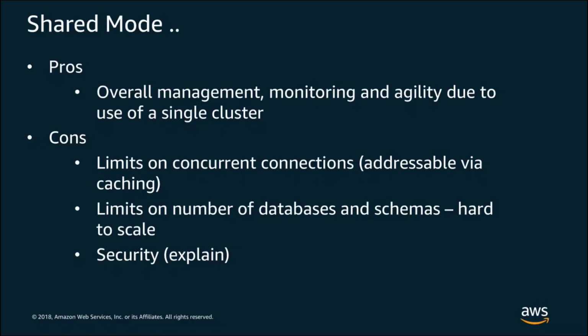For example, the concurrent connection limitations can be addressed via a caching layer that can be implemented in front of a Redshift cluster. But other limitations, such as the number of databases and schemas, are difficult as they are hard limits, and it becomes hard to scale as you onboard many customers. Security as well becomes a challenge as multiple tenants need to access data in the same cluster, sharing the same database or tables.